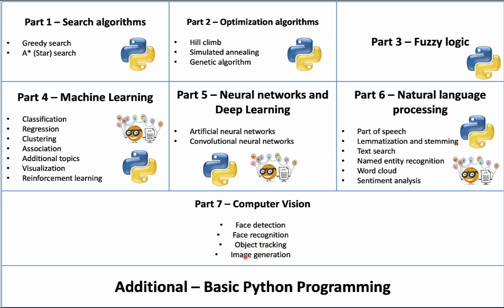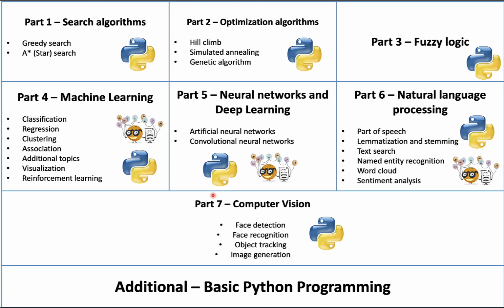The last one is very interesting because you just need to send a text to the algorithm and it will be able to generate a new image that does not exist in the real world according to your needs. The implementations will be in the Python programming language.